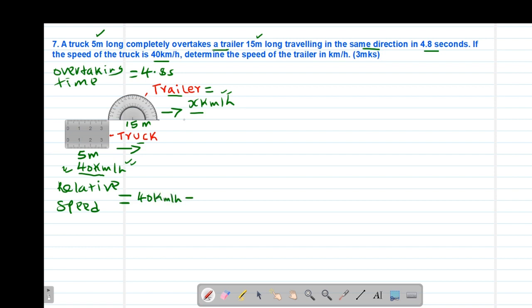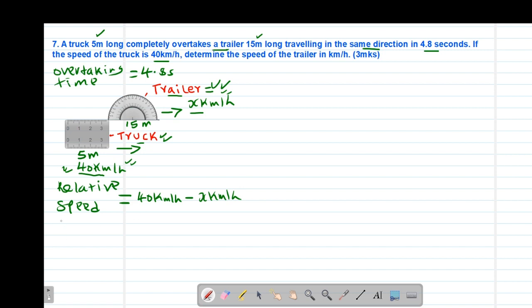Then I subtract the smaller speed, which is x kilometers per hour. Remember, I'm concluding that the speed of the trailer is smaller because the trailer is the one being overtaken. So the speed of the truck must be greater than the speed of the trailer in order for the truck to overtake that particular trailer.